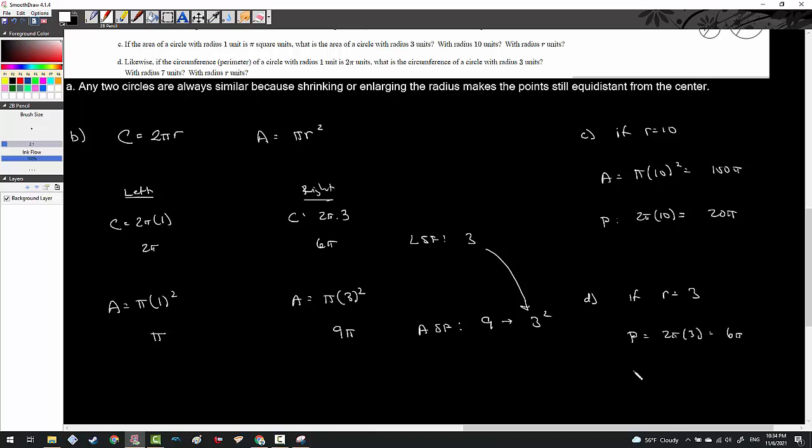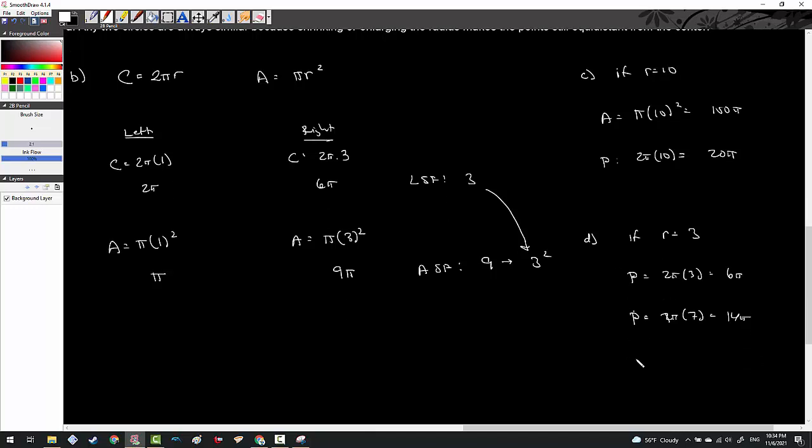If r equals 7, it would be P equals 2 pi times 7, which is 14 pi units. And then if the radius was r, it would be 2 pi times r, which is going to be 2 pi r.